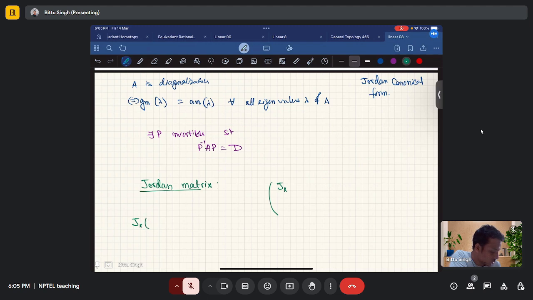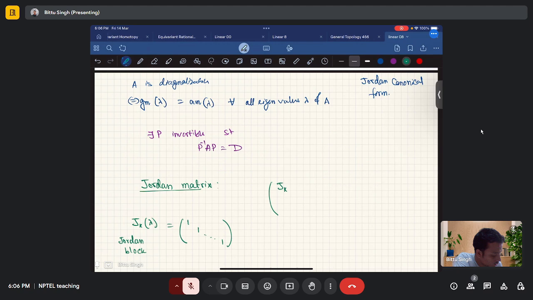This is called a Jordan block. This notation is different from what is given in Hoffman-Kunze, but this is actually the most used notation, so I will follow it.